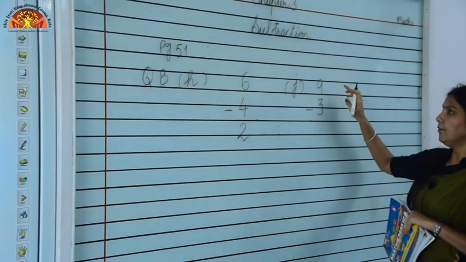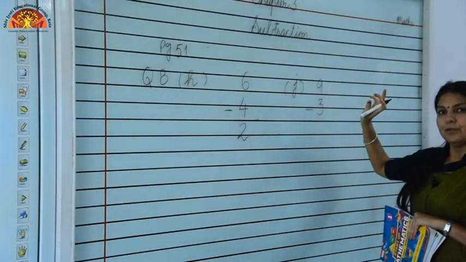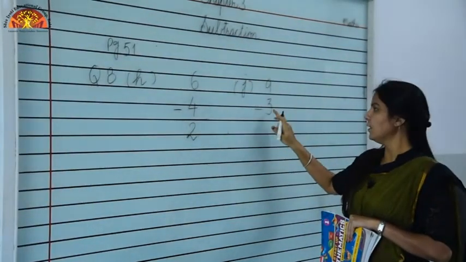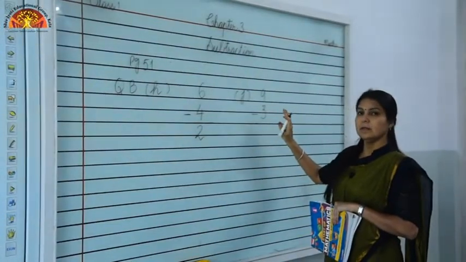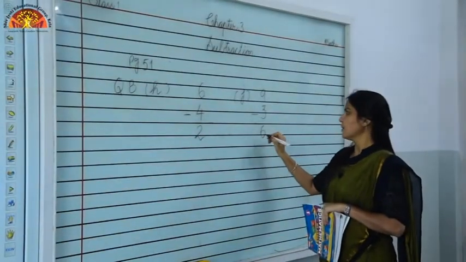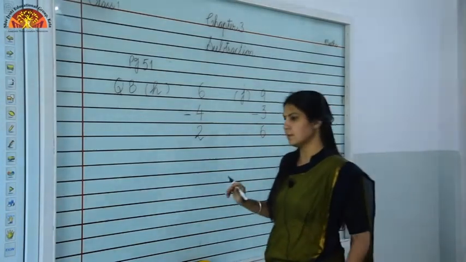On our fingers we will count 9. Then you will close the remaining fingers. Now start folding the smaller number. This is 3. So we will fold 3 fingers. The remaining fingers are 6. So we can say that 9 minus 3 is equal to 6.